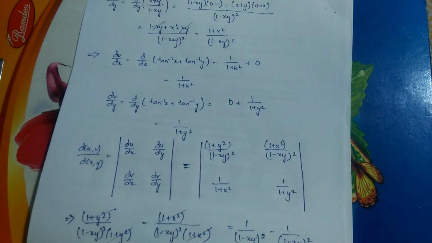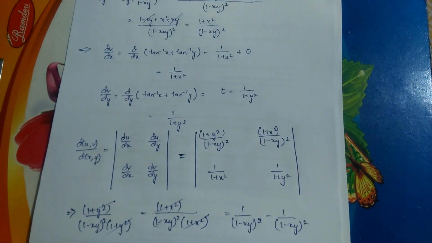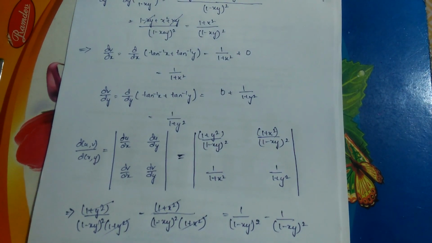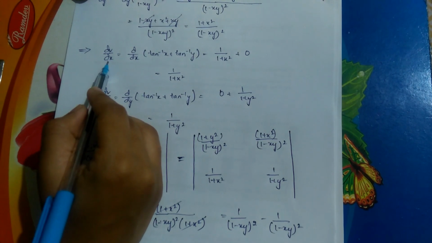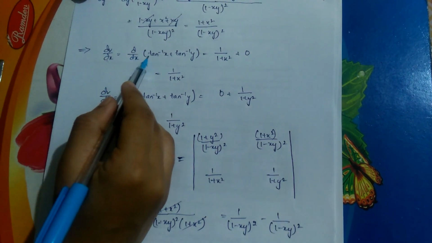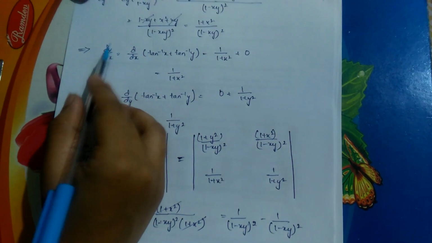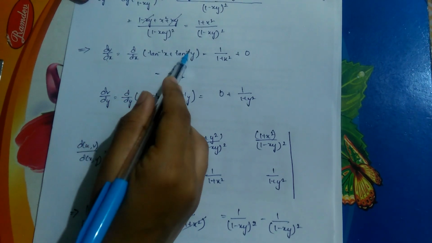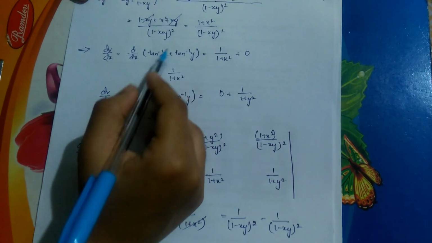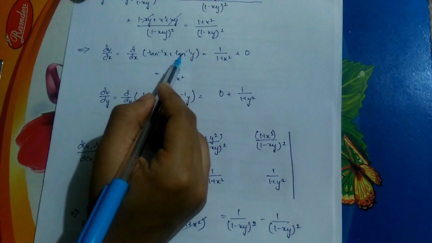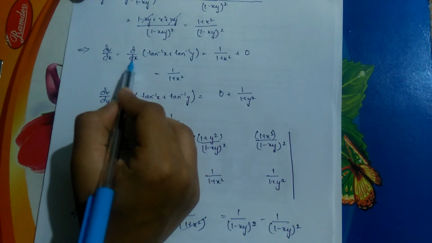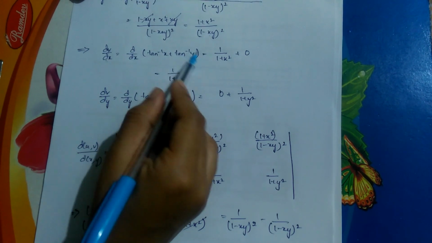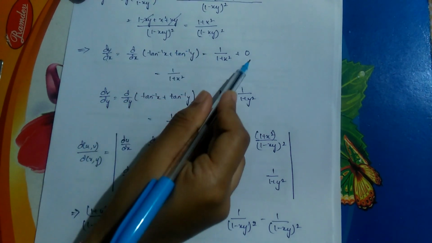Then we have to differentiate the function v with respect to x and y. So here dou v by dou x equals dou by dou x of the function v, which is tan inverse x plus tan inverse y. Tan inverse y differentiated with respect to x: as there is no x variable in this term, its differentiation becomes 0.